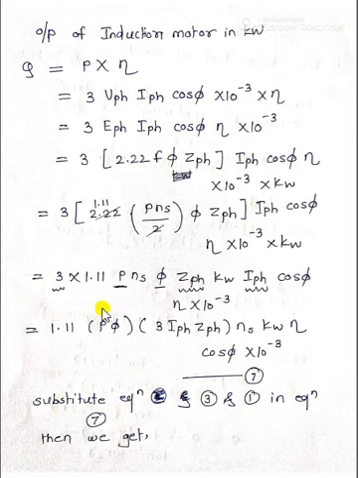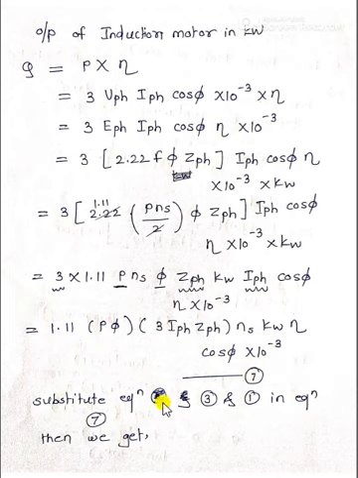Now we will combine some equations. This 1.11 as it is, P and phi we are combining, P into phi, and then 3 times Z phase and I phase we are combining. Rest terms are as it is, ns kW efficiency cos phi into 10 raised to minus 3, and this is equation number 7.